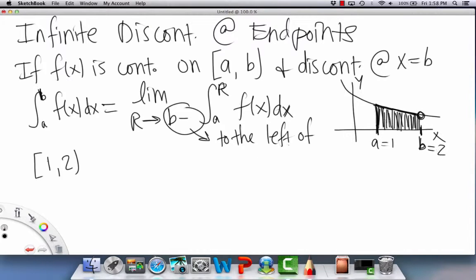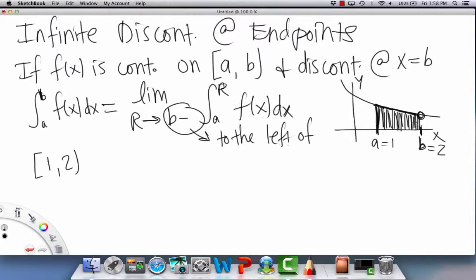I know this isn't drawn to scale, but, so we start at 1, and then we evaluate everything up to almost 2. So we're going to go up to like 1.999999999 to infinity, basically. As many 9s as you can think of. But we're not evaluating it at 2, because at that value of x equals 2, our f of x doesn't exist, because it's discontinuous there.